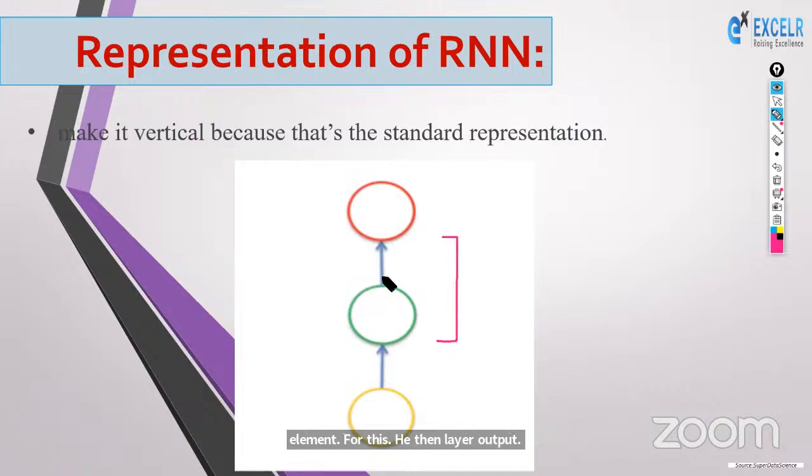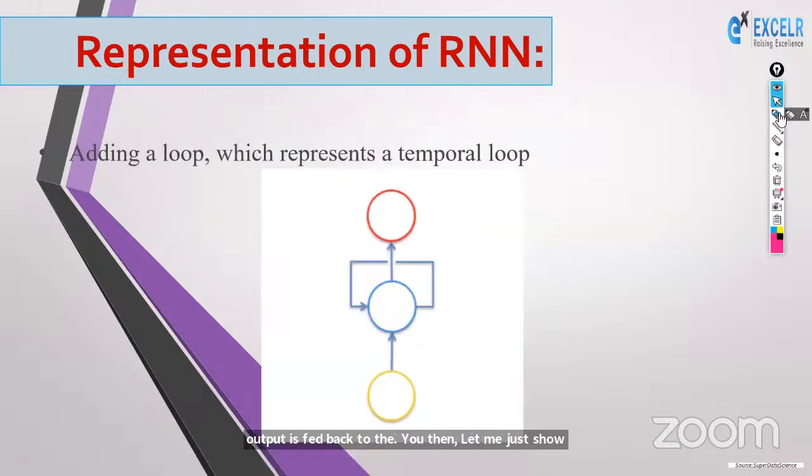Whatever output is generated from here is fed back to the hidden layer input again. Whatever output is generated by these hidden layer nodes is fed to the next layer node, as well as to the hidden layer input. So at the hidden layer input, we have two inputs: one from the input layer, and another from the output of the hidden layer.